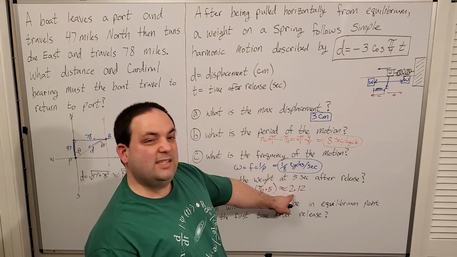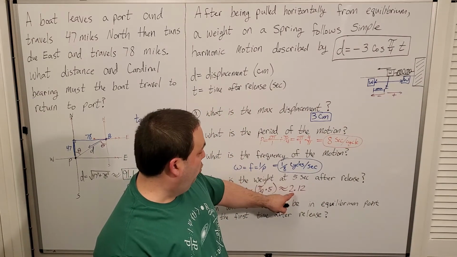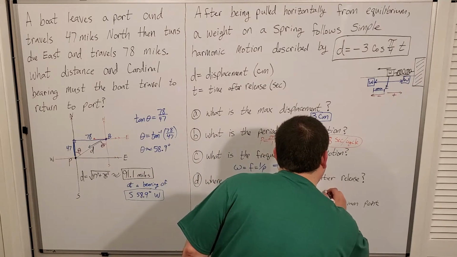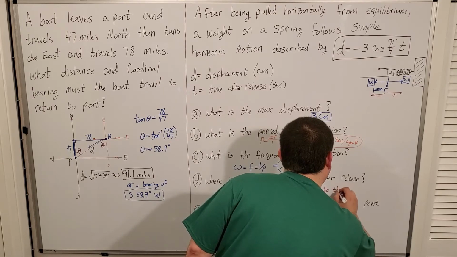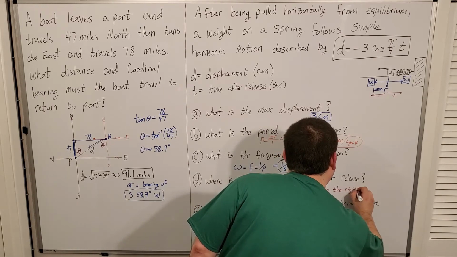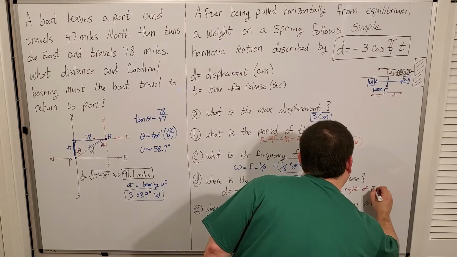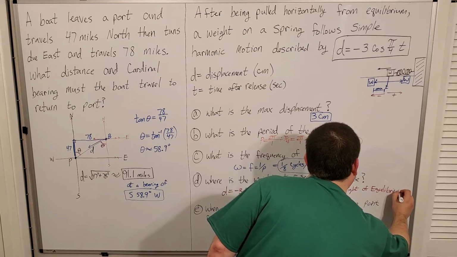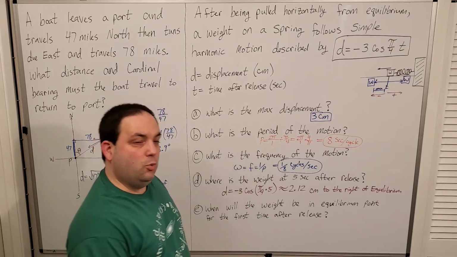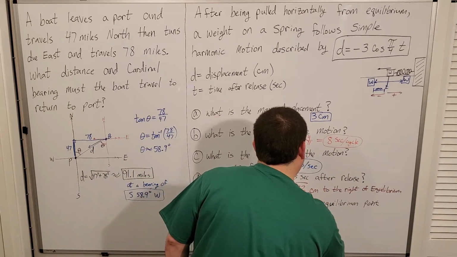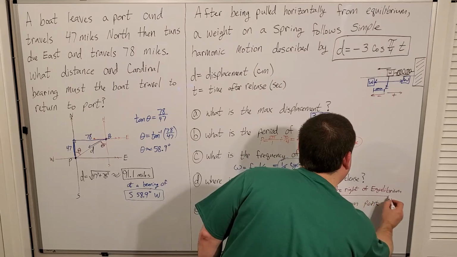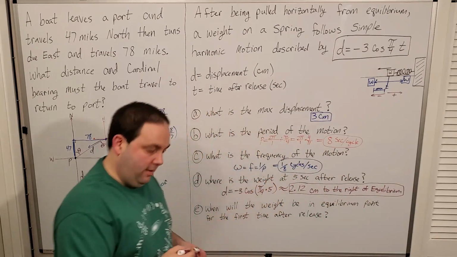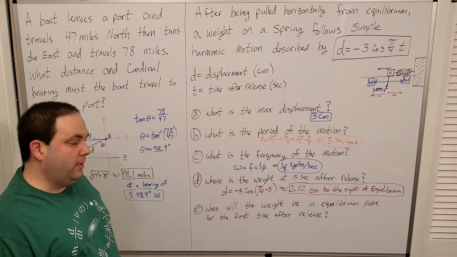Well, we got a positive number here. So we are 2.12 centimeters to the right of equilibrium. That's how you would describe where the weight is at the 5-second marker. Not after 5 seconds, right on that 5-second mark. That's where it'll be located.